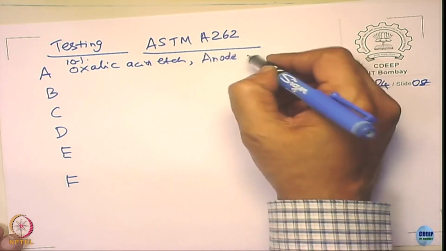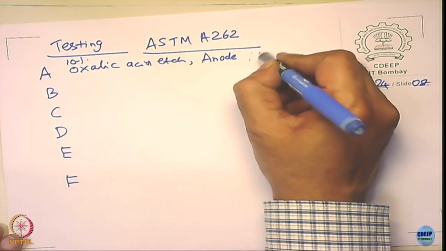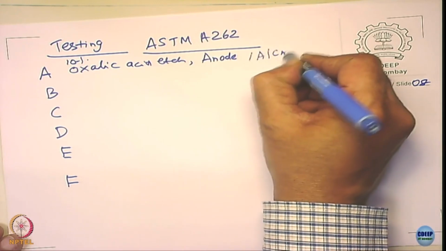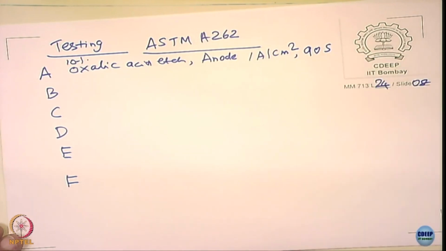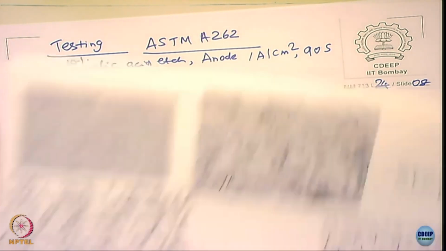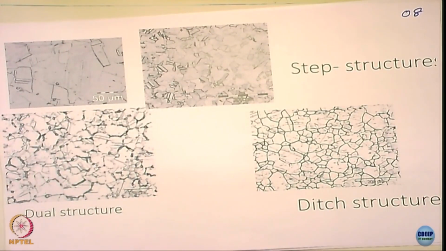You applied a current of 1 ampere per centimeter square for about 90 seconds, and you look at the specimen in the microscope, you would have got somewhat similar structures.